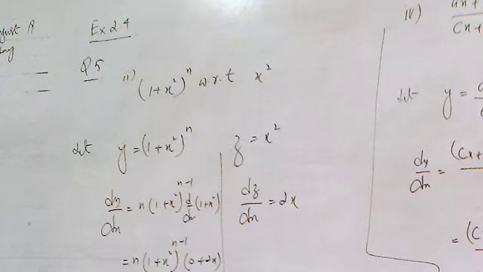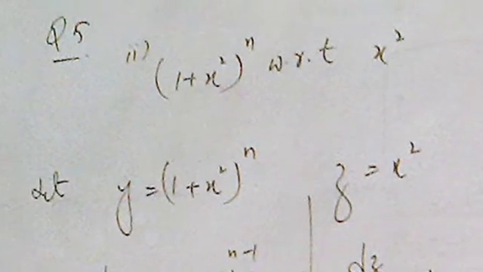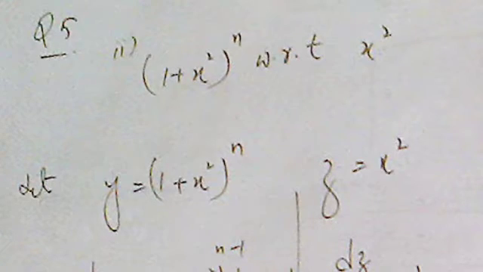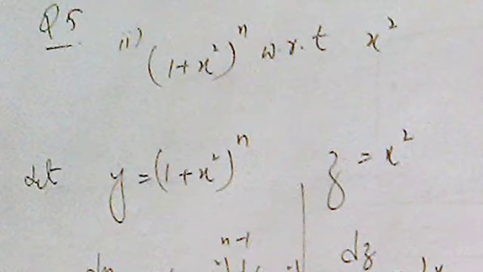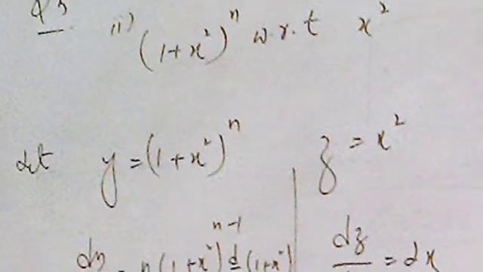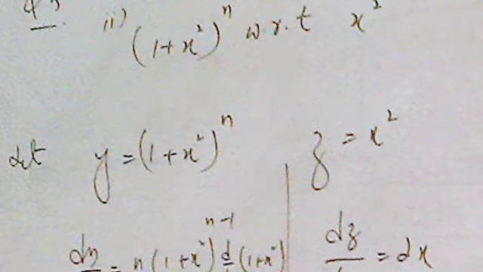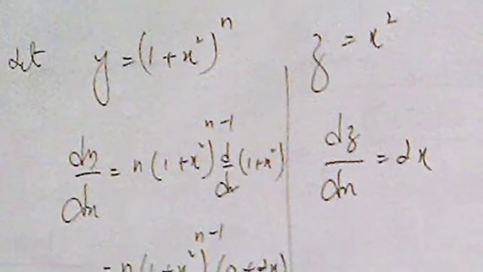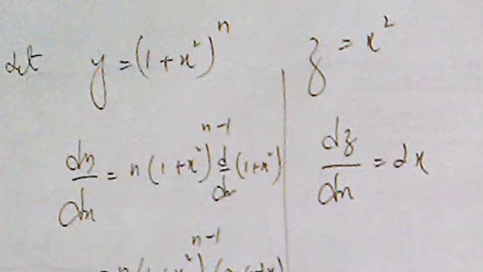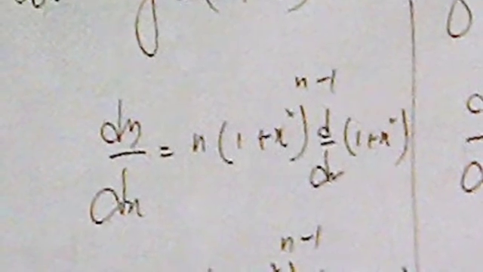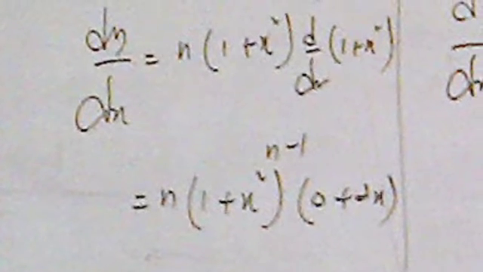Now here we have the question: 1 plus x square whole power n, with respect to x square. We let one function be y and the other z. We apply the differentiation. First we differentiate with respect to x: the power moves and multiplies with the base, and we subtract 1 from the power, and then the derivative of the base.